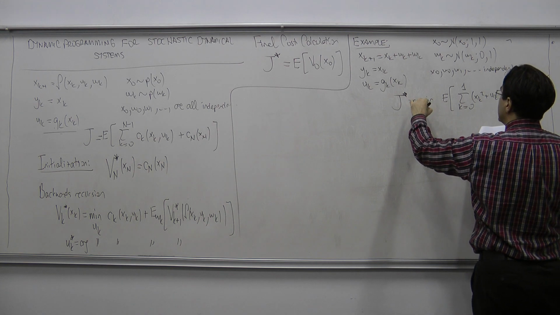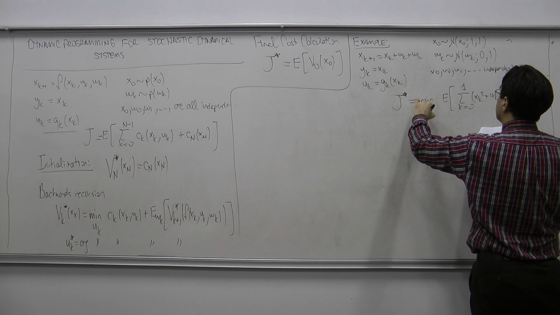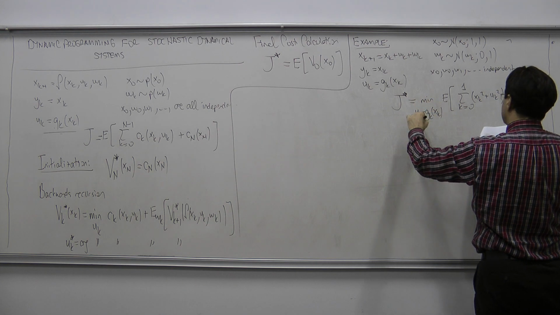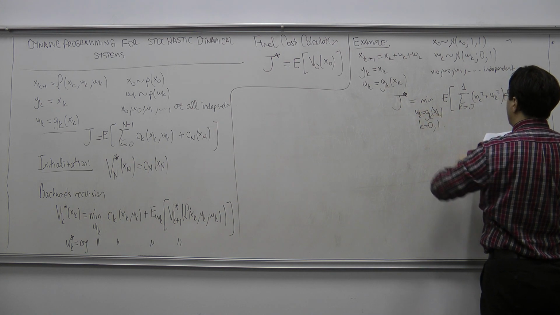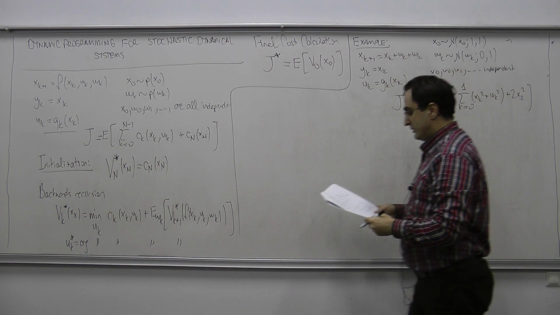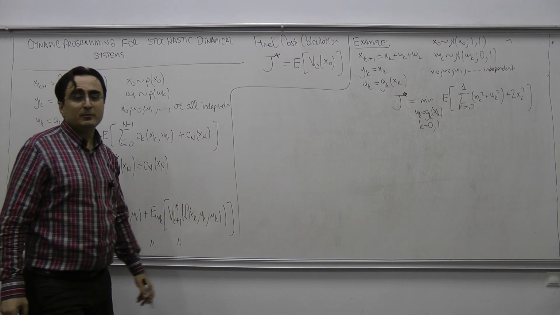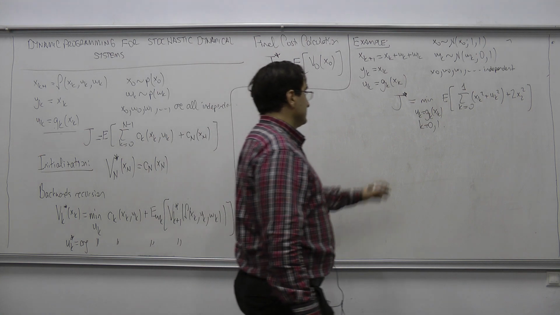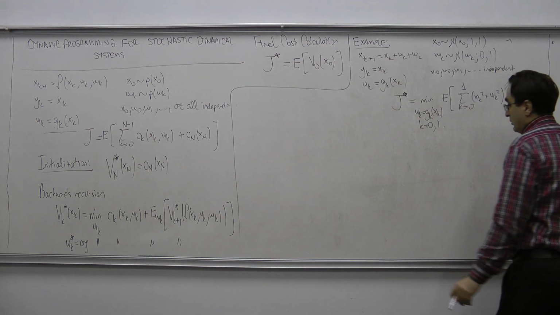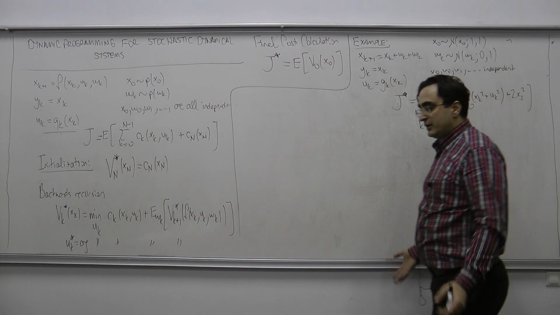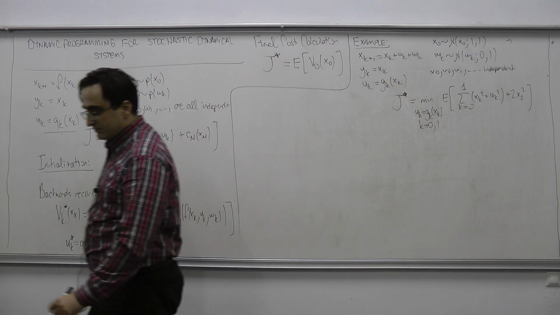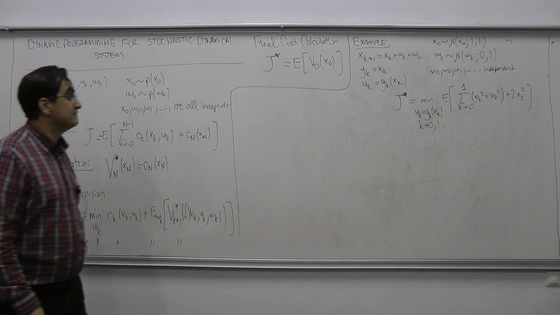And I need to do this minimization for u_k equal to g_k(x_k) for k equal to 0 and 1. All right? So now I need to find the optimal inputs, and I need to find the optimal cost here. And for that, I need to use the concept of dynamic programming.